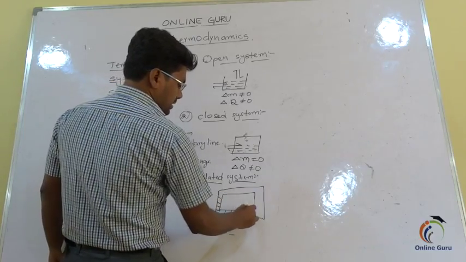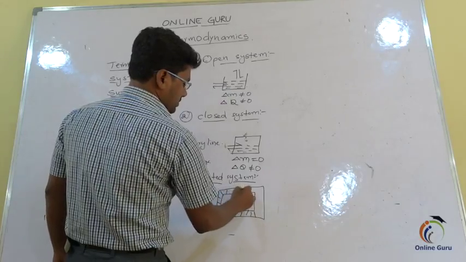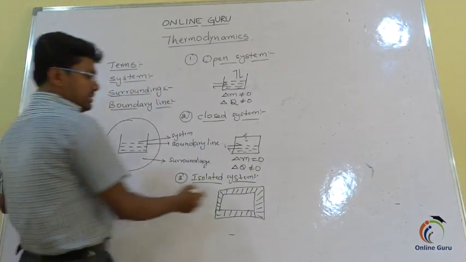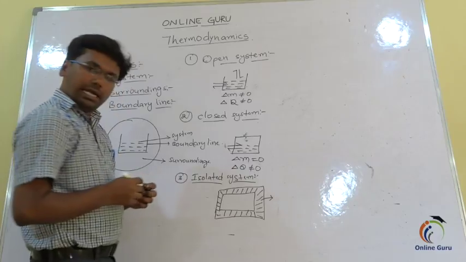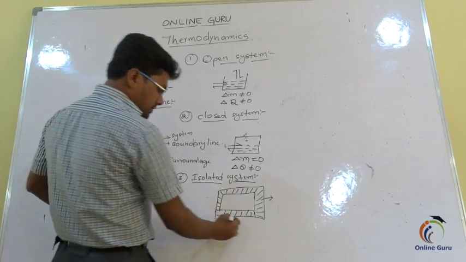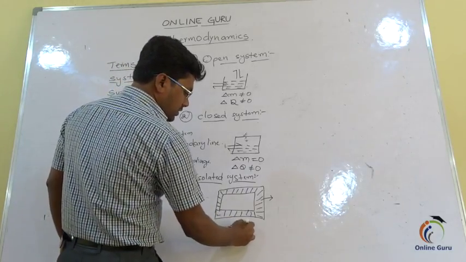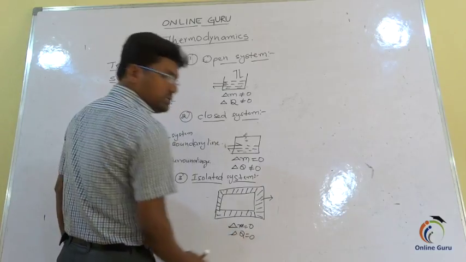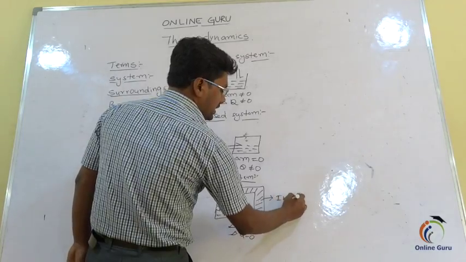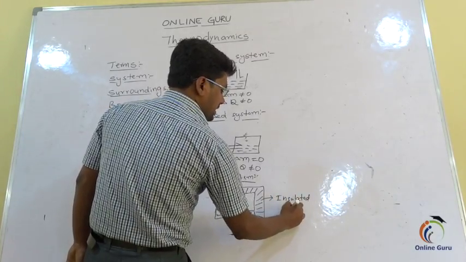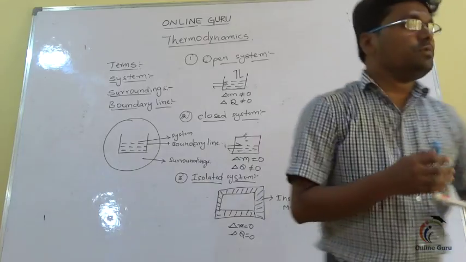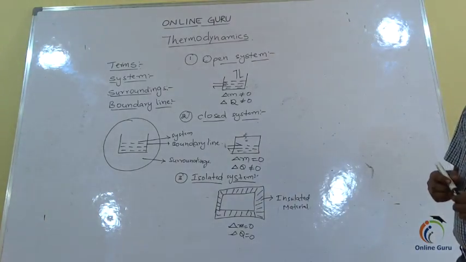So the system does not exchange heat, and it is also a closed system, so matter also does not exchange. Hence delta M is equal to 0 and delta Q is equal to 0. Insulated material means material which does not allow heat to go from inside to outside or outside to inside. This is called an isolated system.